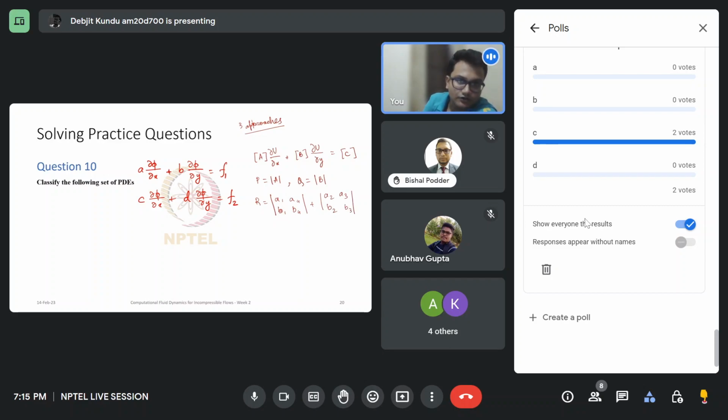But these are coefficients of the equations. And then we find out H equal to R square minus PQ, is it? Or is it 4PQ? 4PQ. And then depending on whether H is less than, equal to, or greater than 0, we will be able to classify.